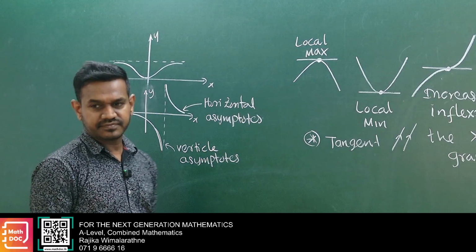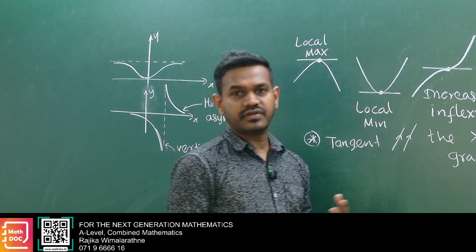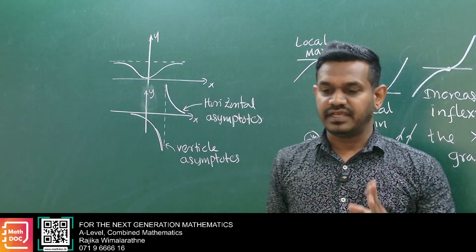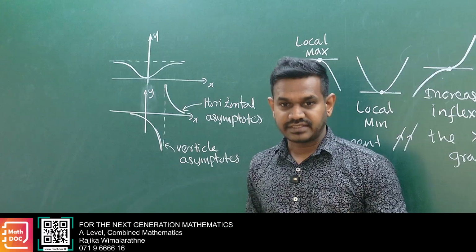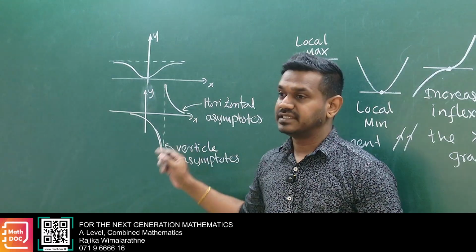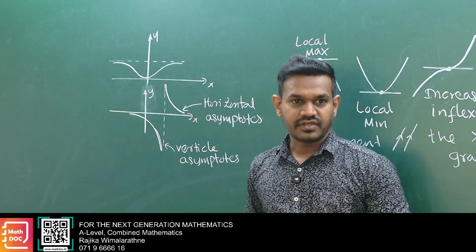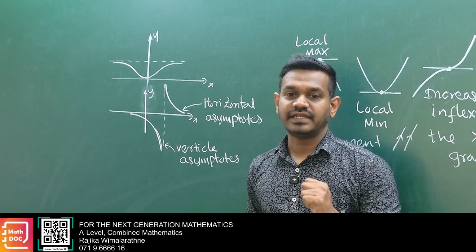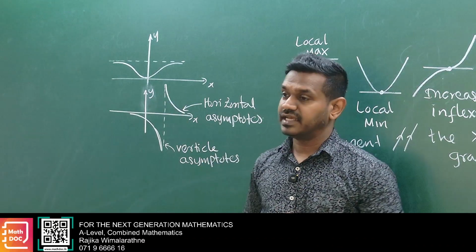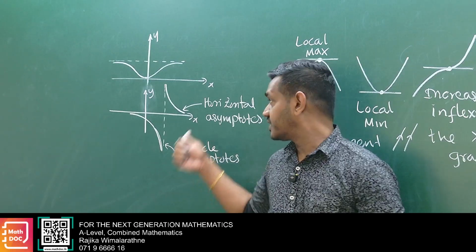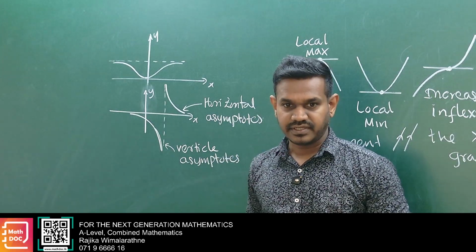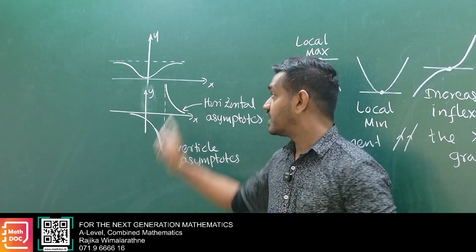So anyway, if we touch any axis parallel to the y-axis, we say it is a vertical asymptote. If we touch any axis parallel to the x-axis, we say that is a horizontal asymptote. These are special shapes. Better to sketch.